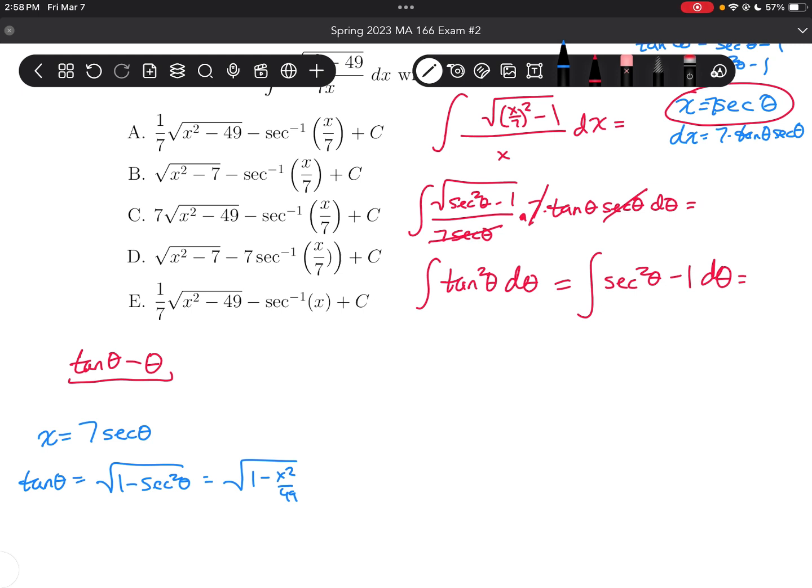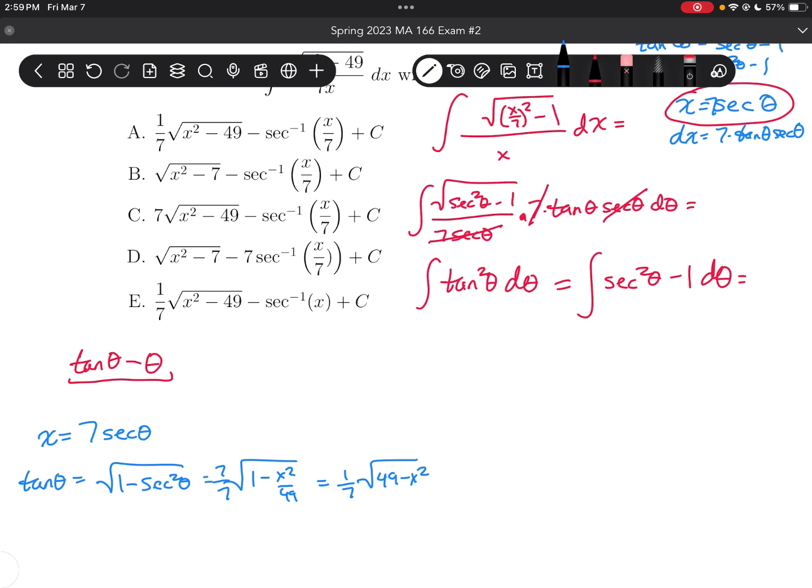And I can multiply both the top and bottom by 7. So I get 1/7. If I multiply 7 times 7, I can send this top 7 inside the root, and I get the square root of x squared minus 49.